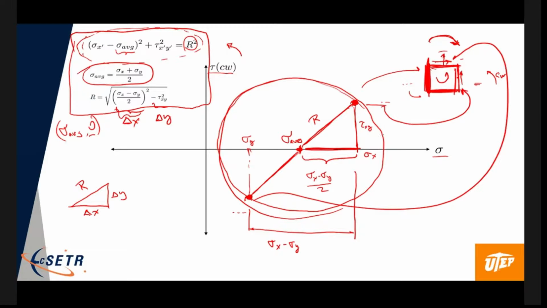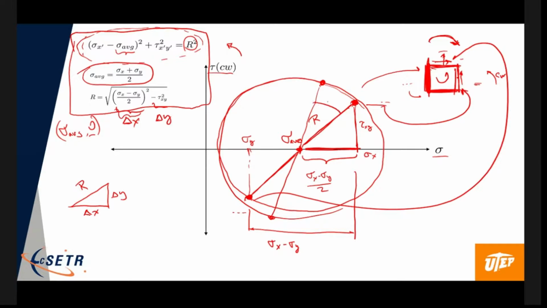Each point on this circle corresponds to a stress transformation. Okay? Each point on Mohr's circle corresponds to a different stress transformation. Now, all those stress transformation things involve an angle.